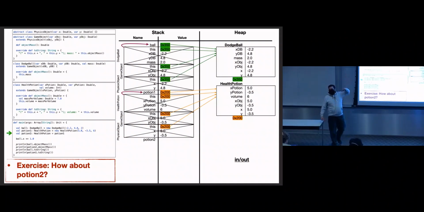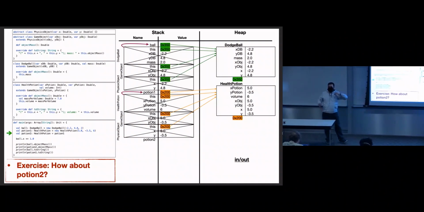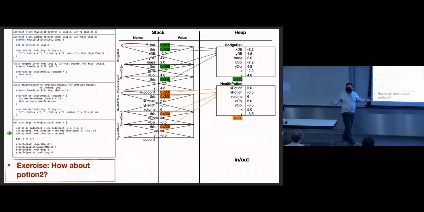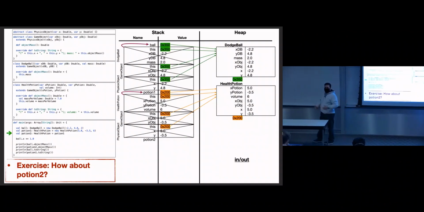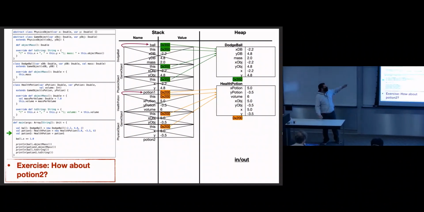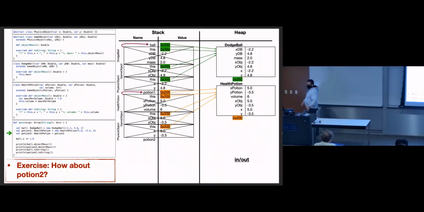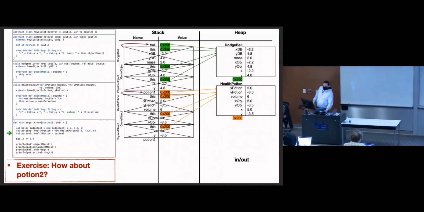Starting on Friday, we're going to leverage that information to say every object of type game object has to have that method. I don't know what it's going to do, but they have to have that method. It has to exist. And we'll see that we can have data structures that actually mix health potions and dodgeballs in the same data structure. And we can call object mass on them, knowing that that method will exist. Even though we won't know if it just returns this dot mass or if it computes mass based on volume.